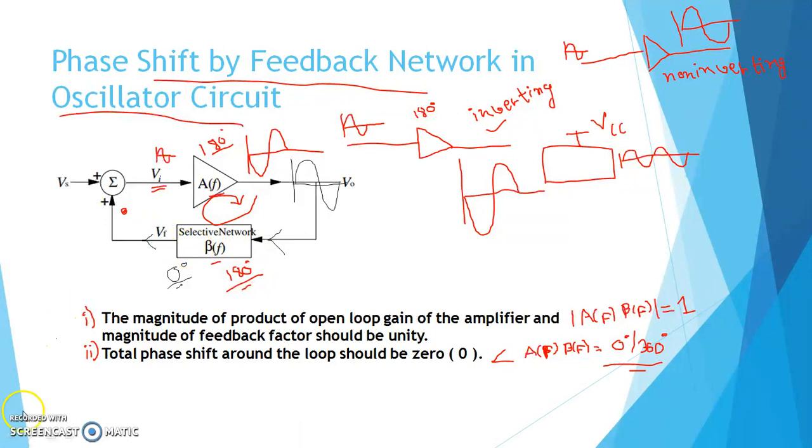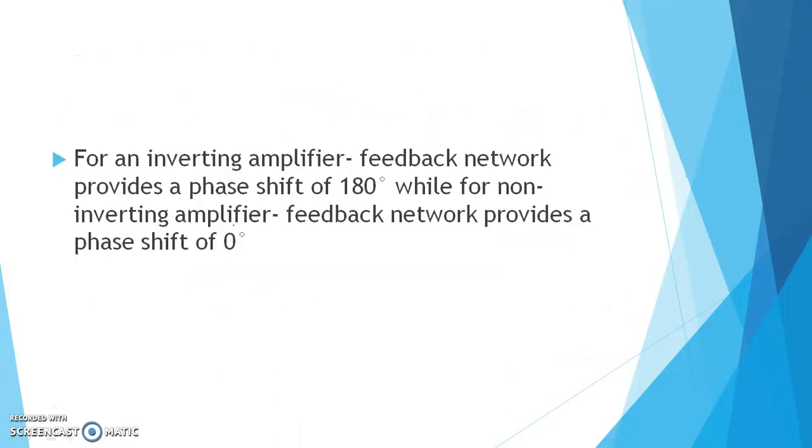So make a clear concept in this portion. This is very important concept for oscillator. Every time it will help you that for an inverting amplifier, the feedback network provides a phase shift of 180 degree. Okay, why 180 degree? Because already basic inverting amplifier is providing 180 degree phase shift, and one more 180 degree phase shift will be done by the feedback network, so that total will be 360 degree.